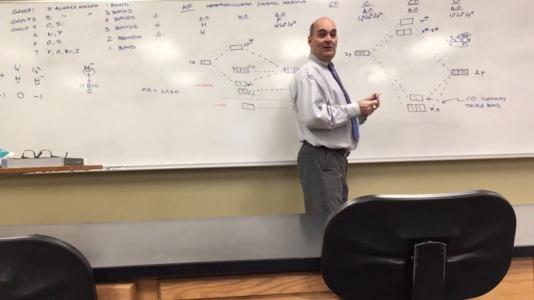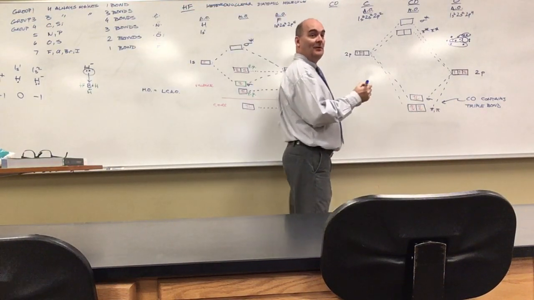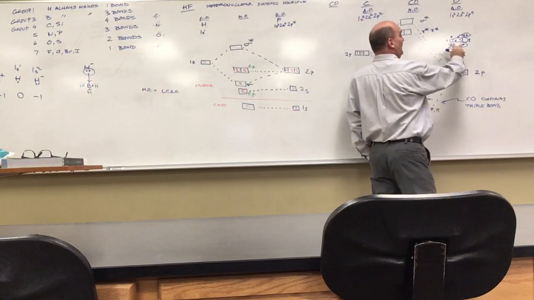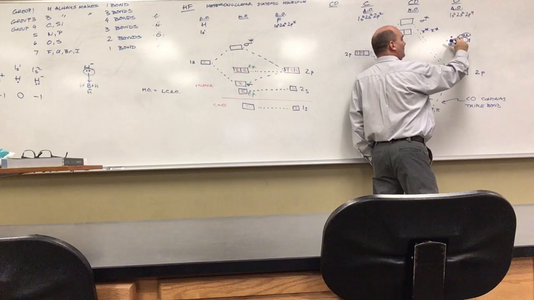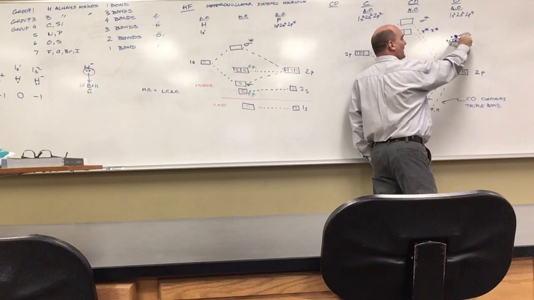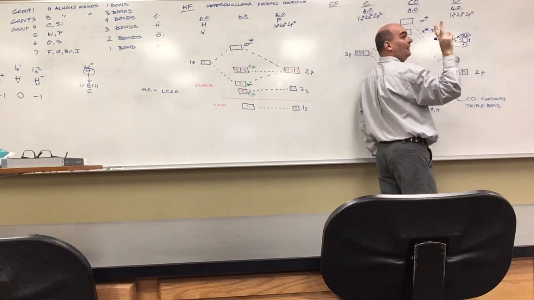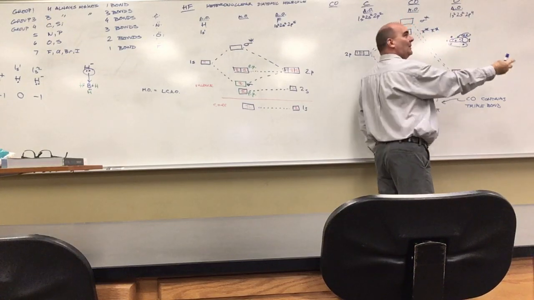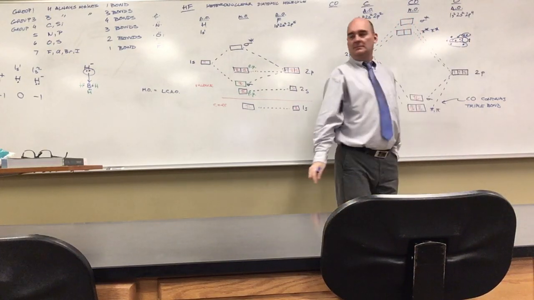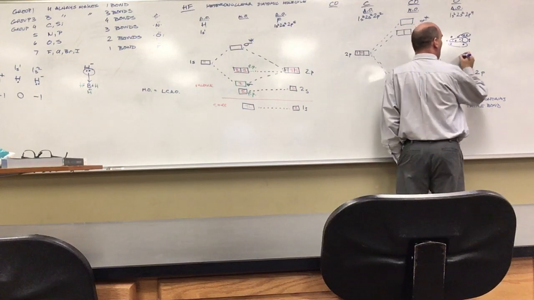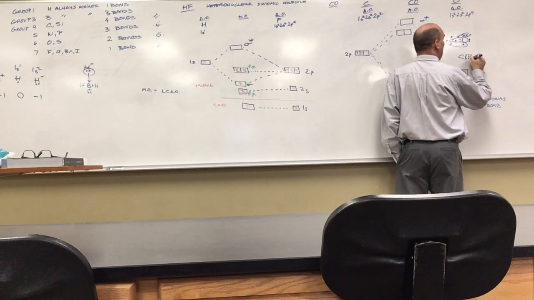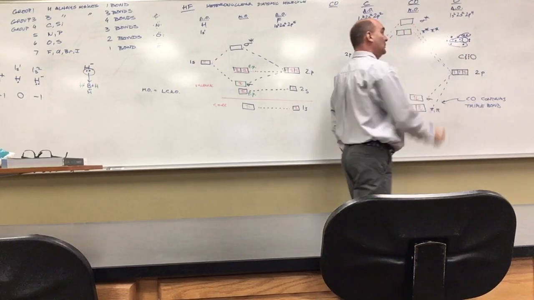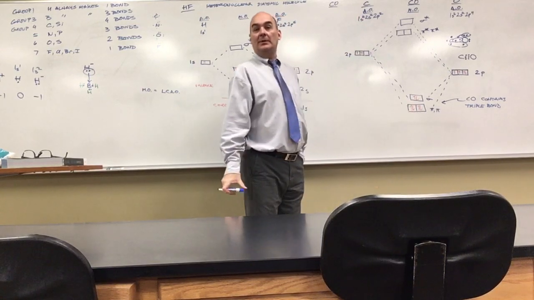Did anybody successfully write the Lewis structure for carbon monoxide? If I bond those bonding electrons together and those bonding electrons together, and then I slide those non-bonding electrons and give them to the carbon, I now have 1, 2, 3, 4, 5, 6 electrons between the carbon and the oxygen.